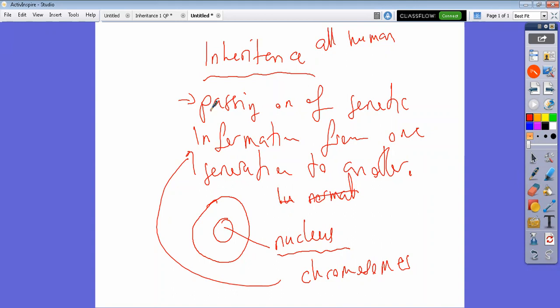Remember the definition: inheritance is the passing on of genetic information from one generation to another. For that to happen, it happens through the cells. Inside every human cell we've got a nucleus, and inside the nucleus we have what are called chromosomes.